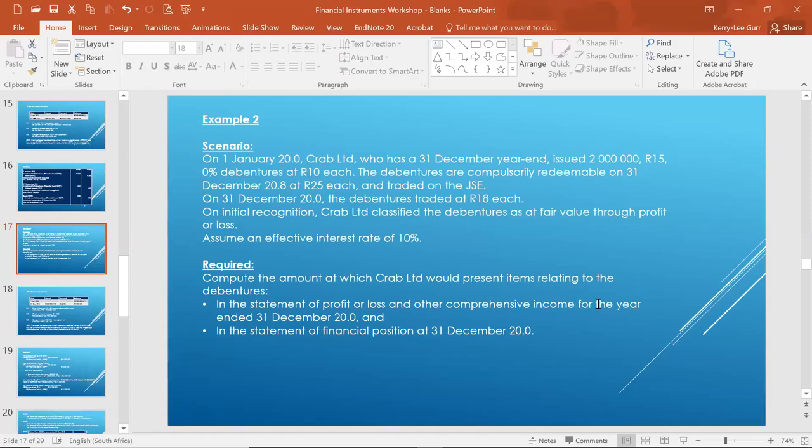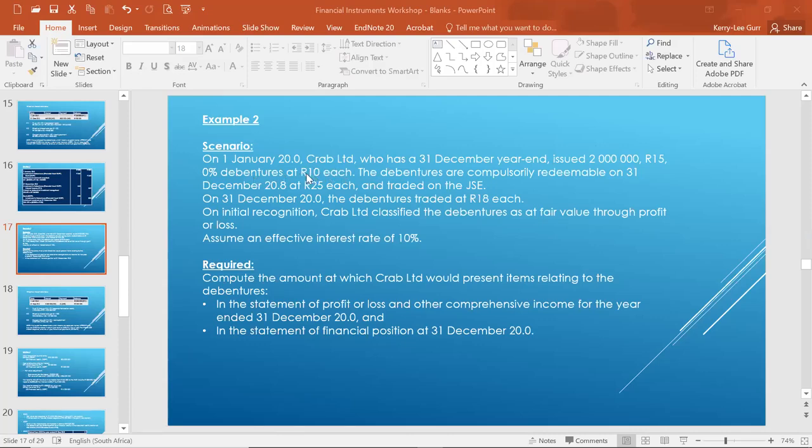Okay, so let me go through that with you. I'm also getting some direct messages asking about 10 Rand versus 15 Rand. Very good question. The fair value is basically the amount that you're going to pay for those debentures. So these are 15 Rand debentures in terms of their face value, but they're only paying 10 Rand each.